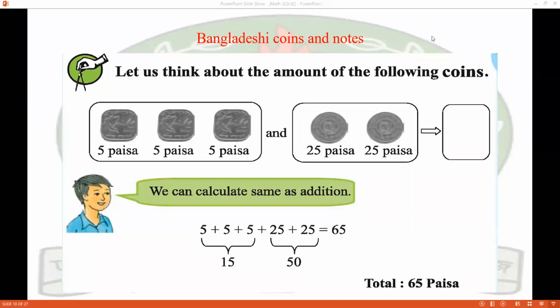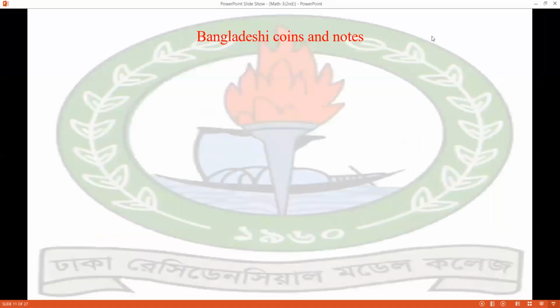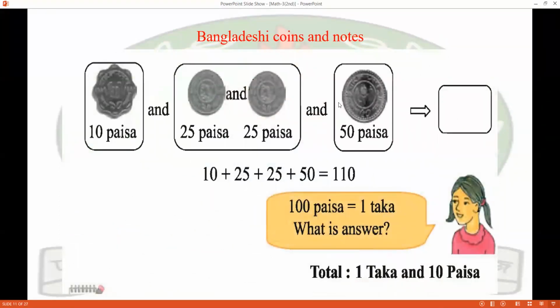The next problem, there is another. In the first box you see that there is 10 paisa. In the second box we see that there is 2 25 paisa. In the third box there is 1 50 paisa. You have to add all these types of paisa. So we get 110 paisa. But we know that 100 paisa equal to 1 taka. So at first you have to write 1 taka, then you have 10 paisa.